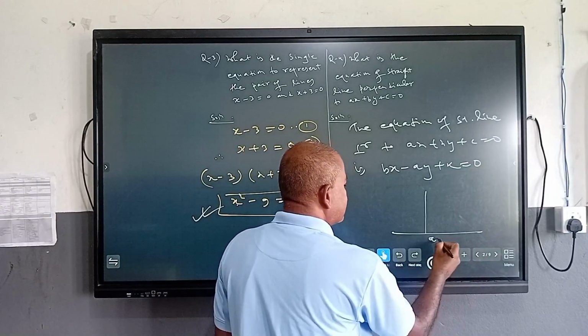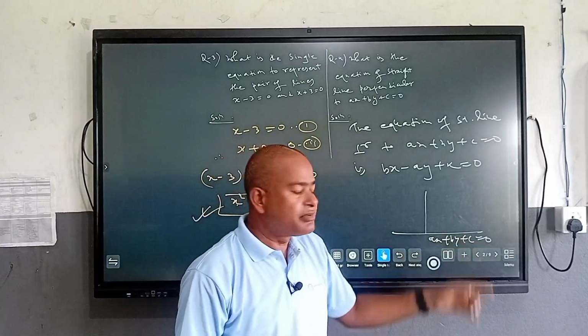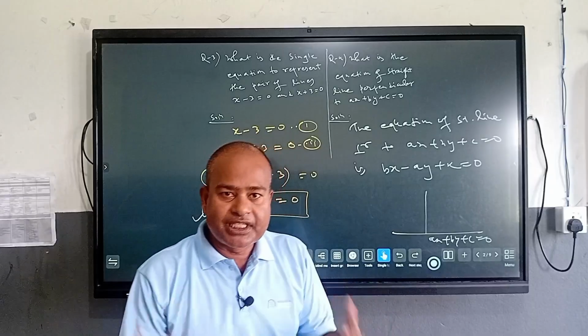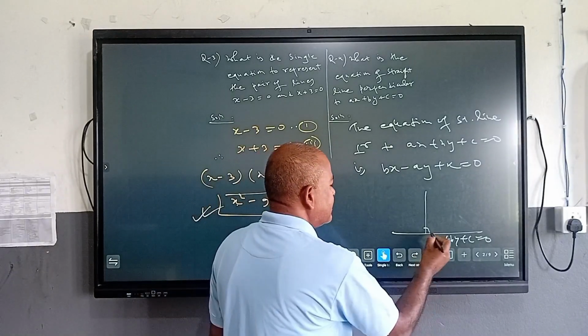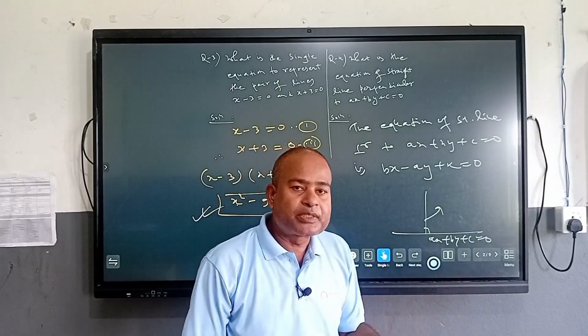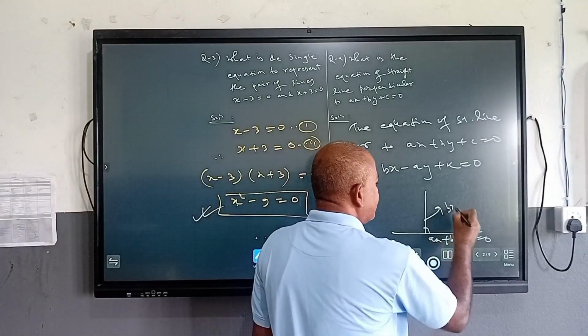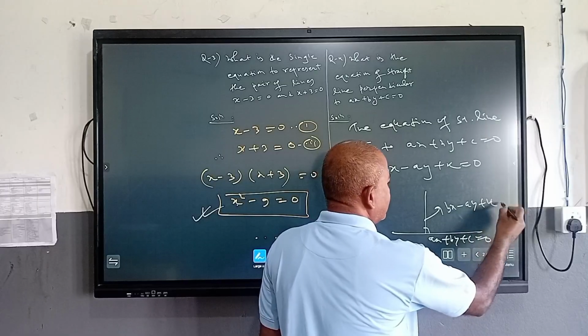So dear students, if ax plus by plus c equals 0 is the given equation of a straight line, then the straight line perpendicular to it is given by bx minus ay plus k equals 0.